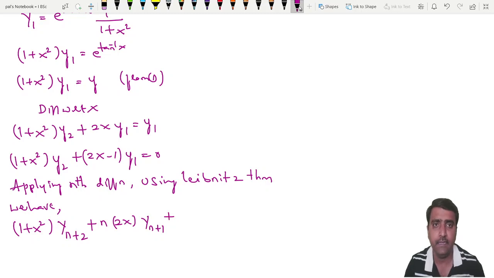Plus next step nC2, that is n into n minus 1 by 2, and the differentiation of 2x is 2, and reduce a number from y n plus 1, then it is y n. When it becomes constant, you stop applying the Leibnitz theorem. That is the last step.